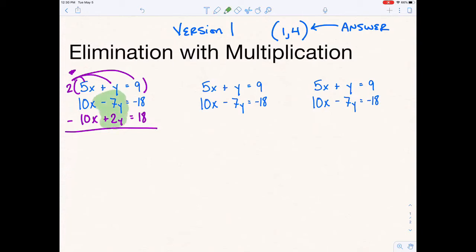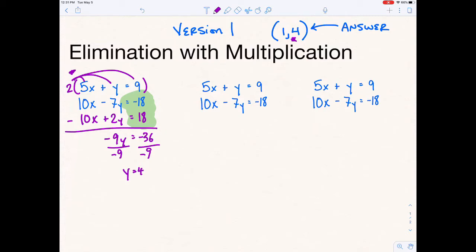Negative 7y minus 2y is going to be minus 9y, and negative 18 minus 18 is going to be negative 36. Divide both sides by negative 9 to get y equals 4. And you'll see that y equals 4 is part of my answer.